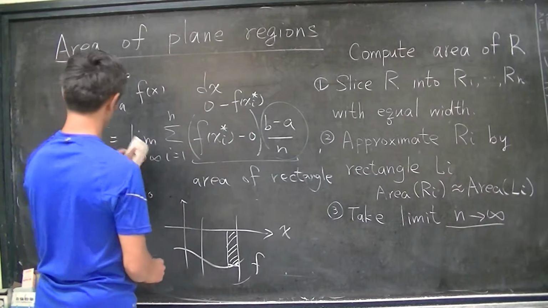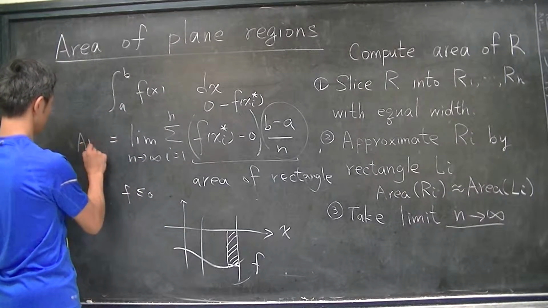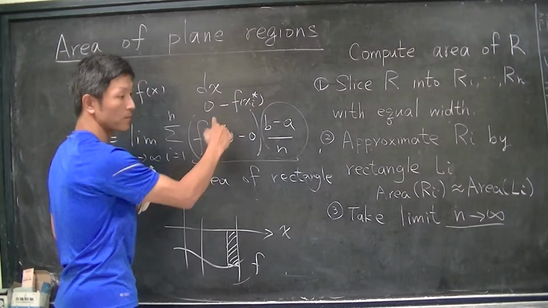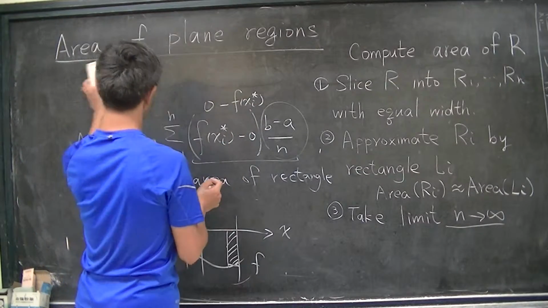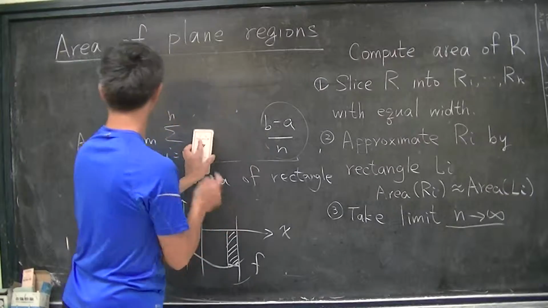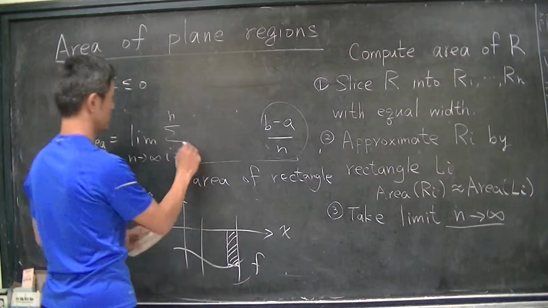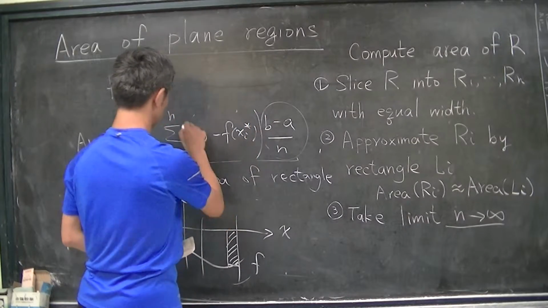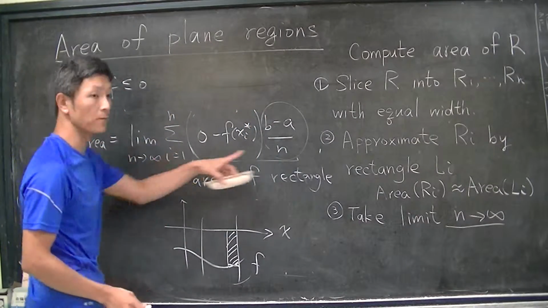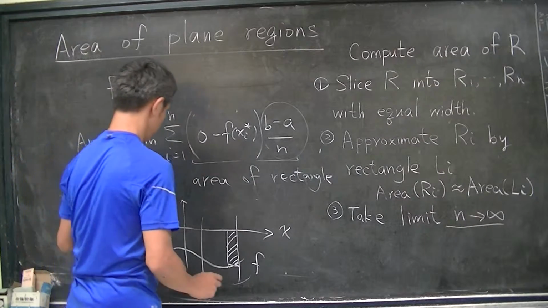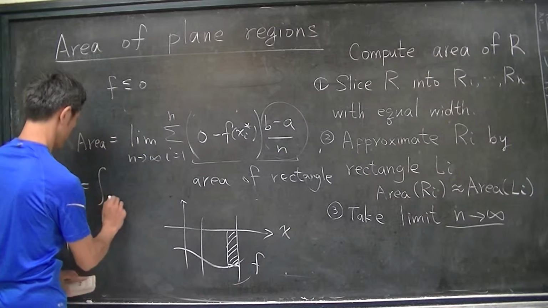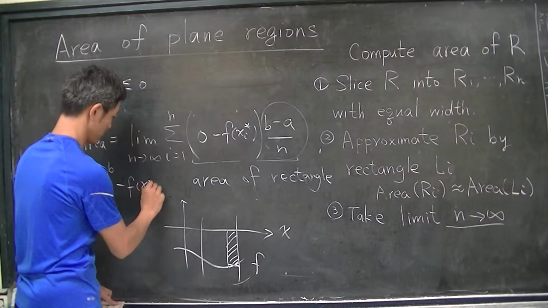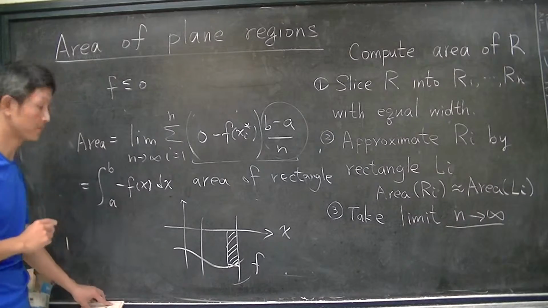So now, if we want to compute area, we need this term rather than this term. By definition, this is equal to the integral of negative f of x from a to b.